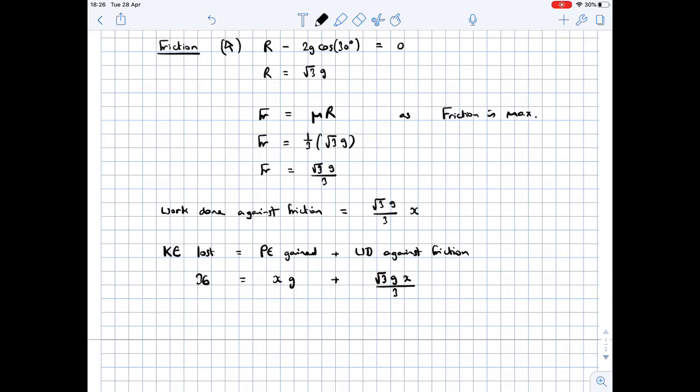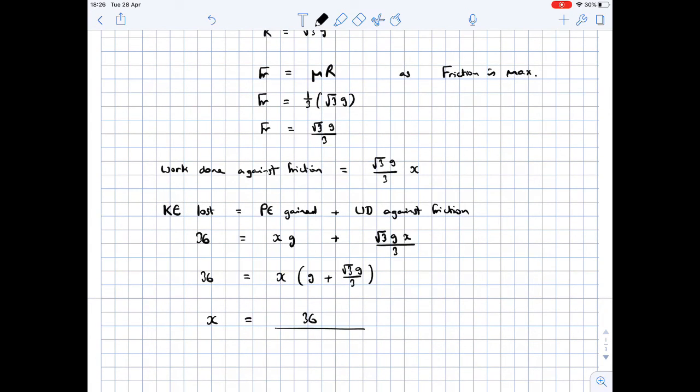So on the right hand side, x is common, so 36 equals x times g plus root 3 times g over 3. So therefore x is equal to 36 divided by g plus root 3 g over 3.